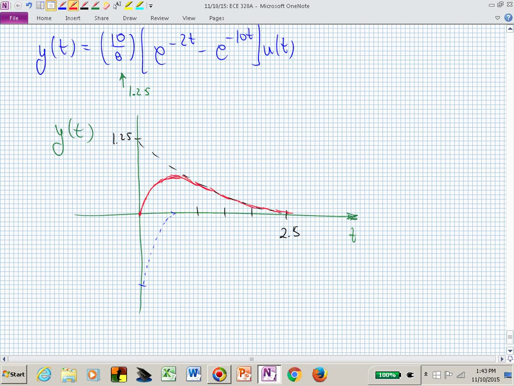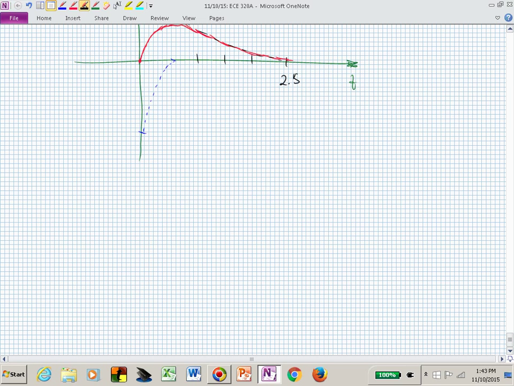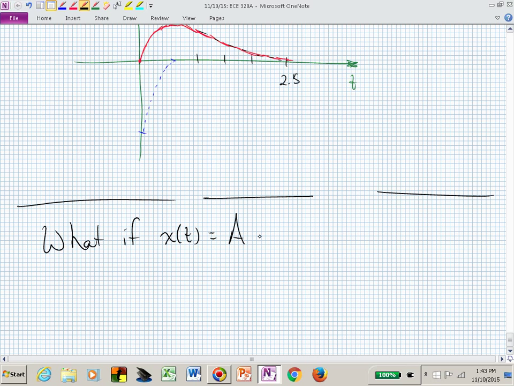What if we excited that system, or applied not an exponential, but what if x of t was a cosine omega naught t?